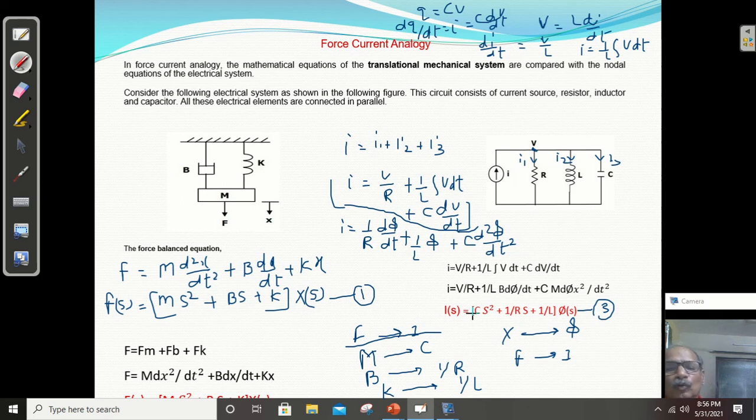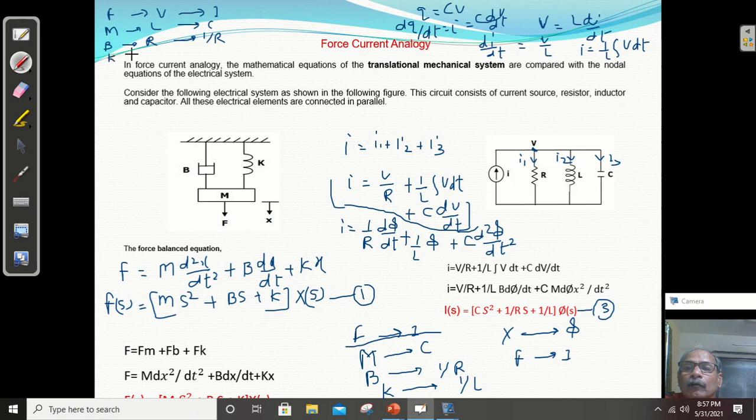Or we know the force voltage analogy, where force is replaced by V; if you take the duality it will be replaced by I. Mass was replaced by L, so in force current, by duality, it is replaced by C. B was replaced by R, which here becomes 1 by R because of duality.